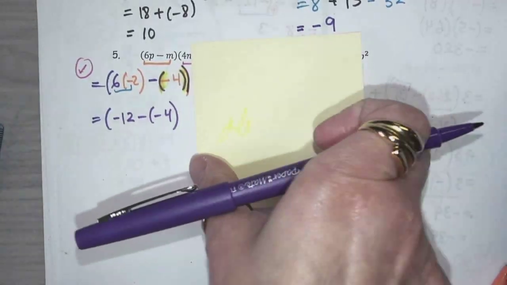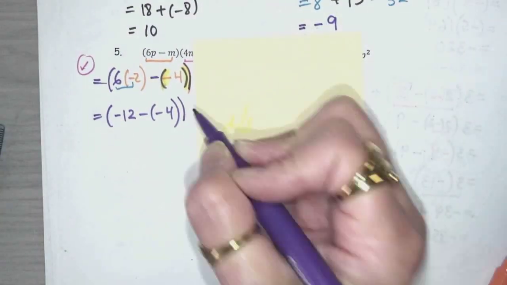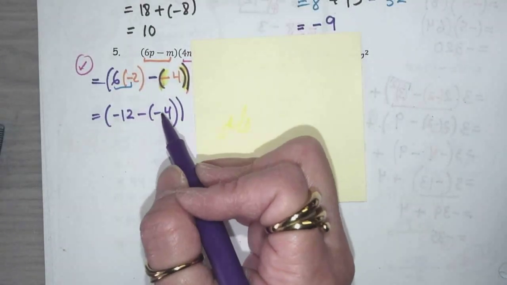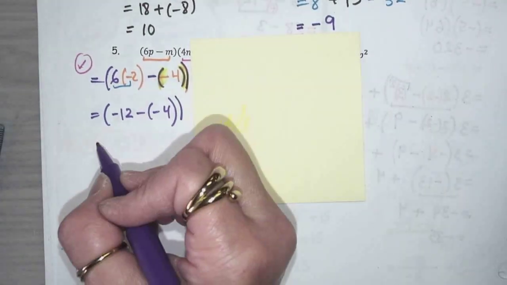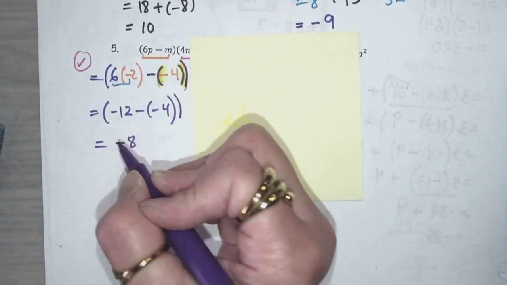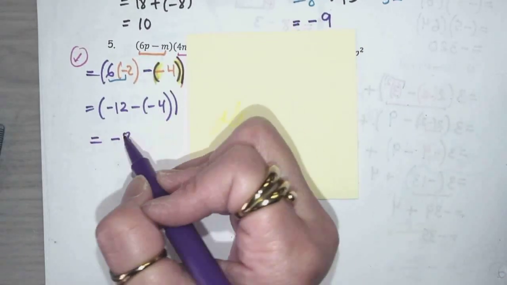Okay, we have to do something with that in a second. So here, let's keep this one here. So we get negative 12 minus negative 4. We can finish this one up. Negative 12 minus negative 4 is going to be negative 8. Negative 12 plus 4, so that becomes plus, be negative 8.